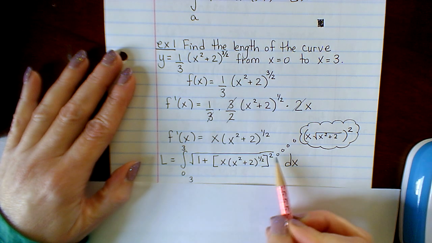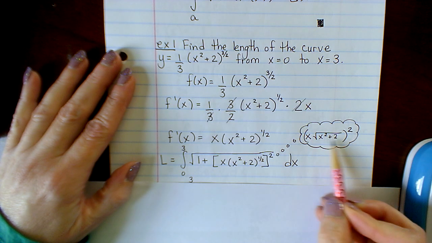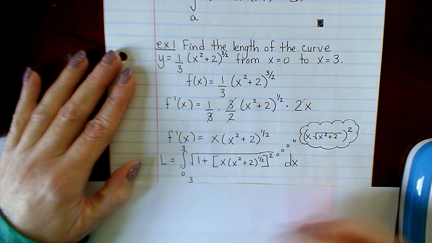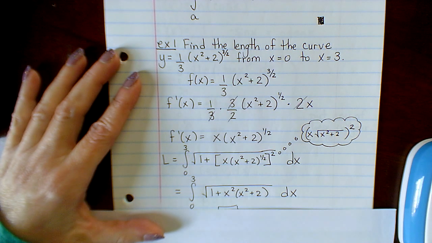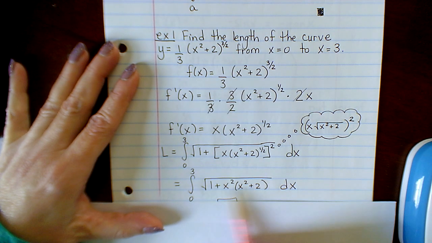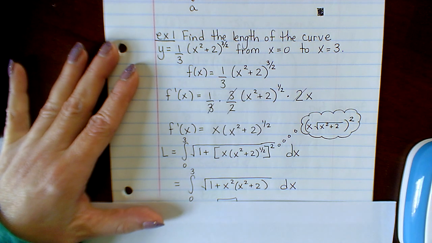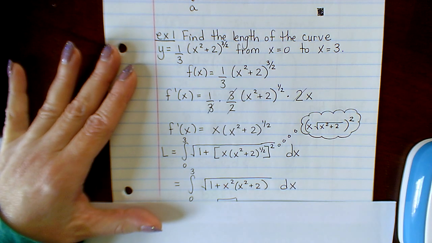I do want to go ahead and just point out that this is the same thing as this. That 1/2 power is the same thing as that square root. So it might be a little easier when you go to put this in your calculator to put it in as that, but you certainly could just use that. I just decided, hey, you know what, I'm going to clean that up a little bit before I go and grab my calculator.